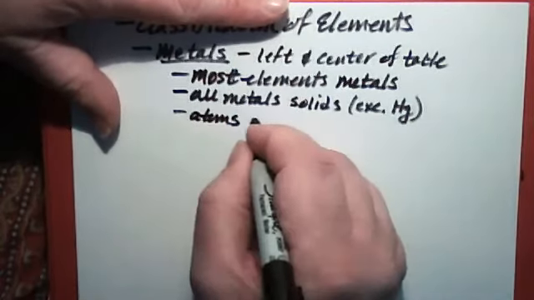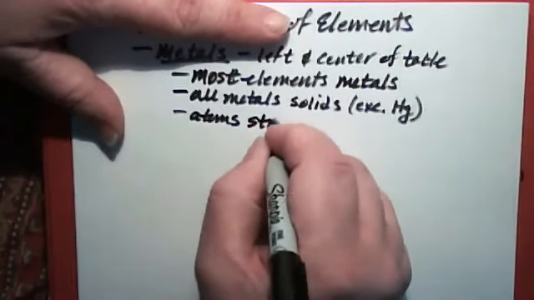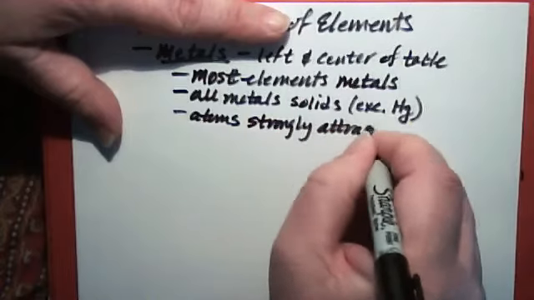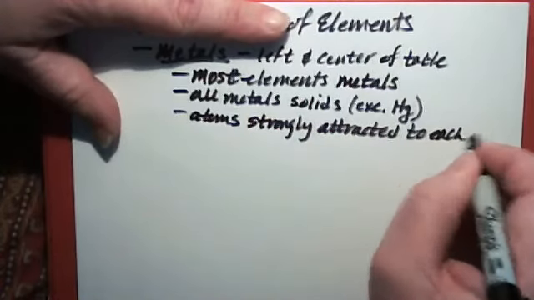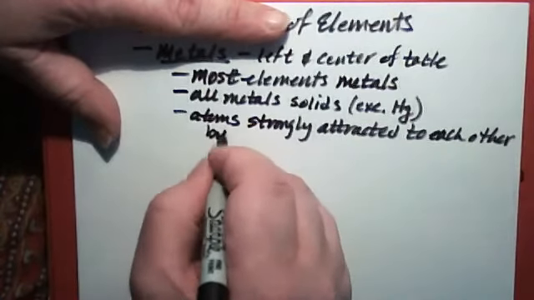In a metal, the atoms are generally strongly attracted to each other, but they're not fixed in place.